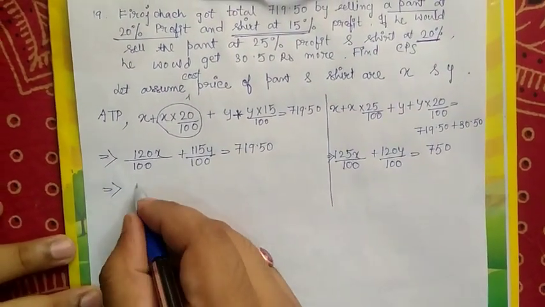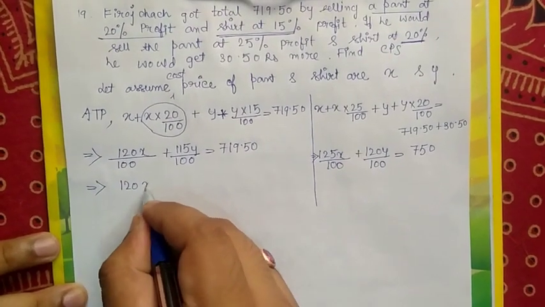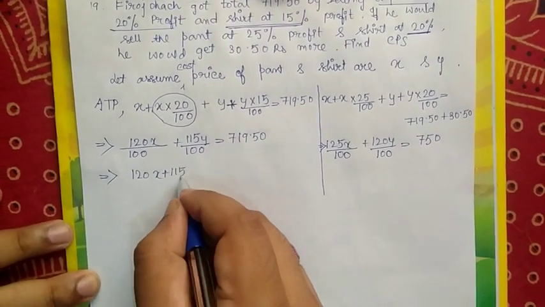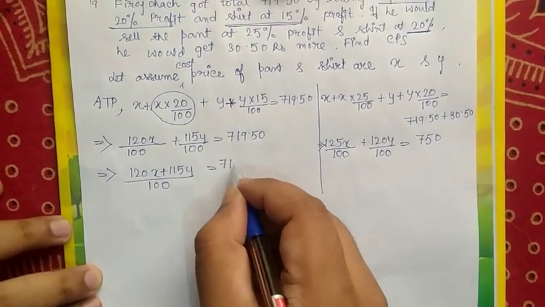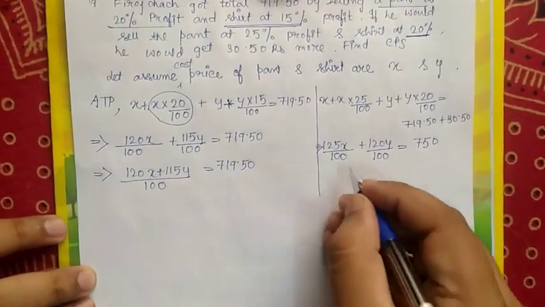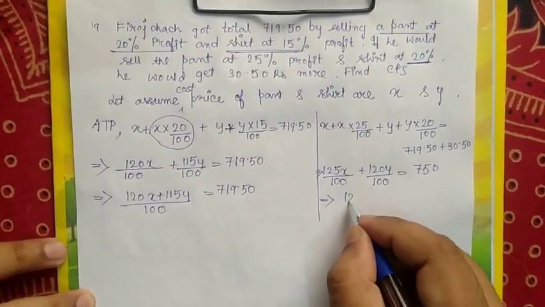Now 120x plus 115y by 100, LCM is 100, equal to 71950. Same here, LCM is 100.